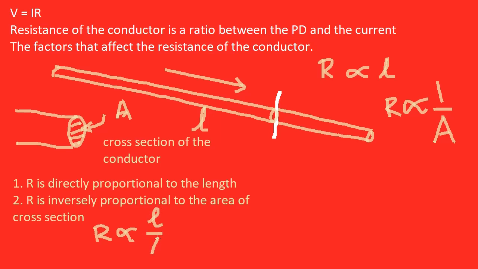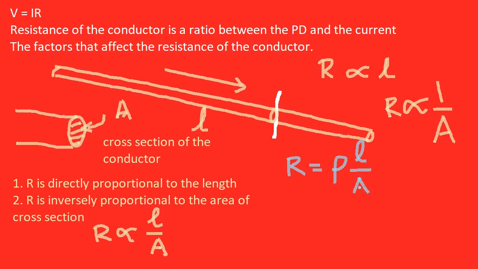As we had seen earlier, if we want to replace this proportionality sign with an equality, what we have to do is multiply the right hand side with a constant. So to convert this proportionality into an equality, we multiply the right hand side with a constant, and that constant is a Greek letter. It's called rho, R-H-O.